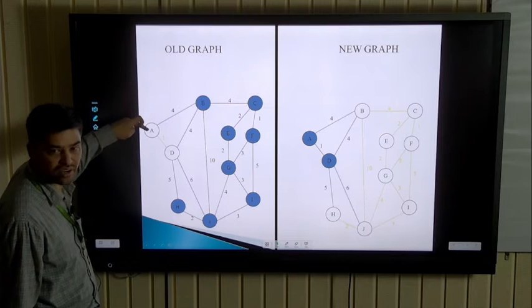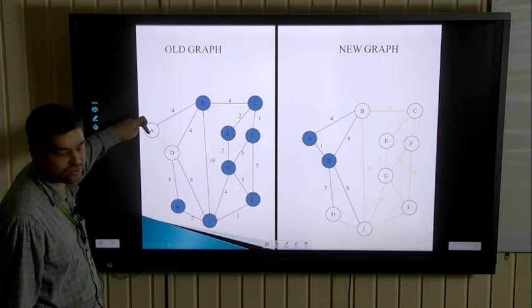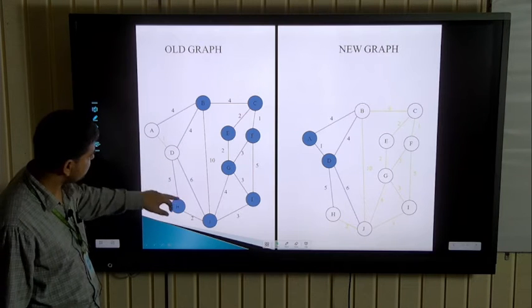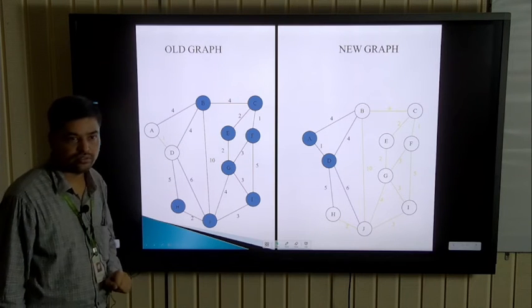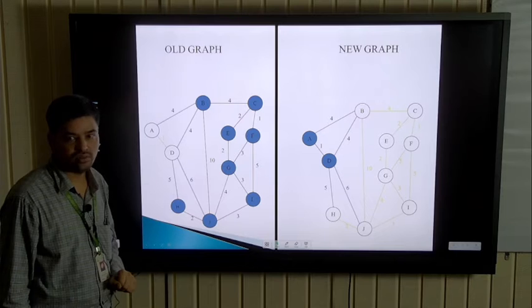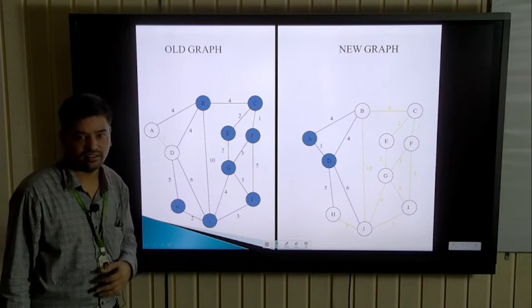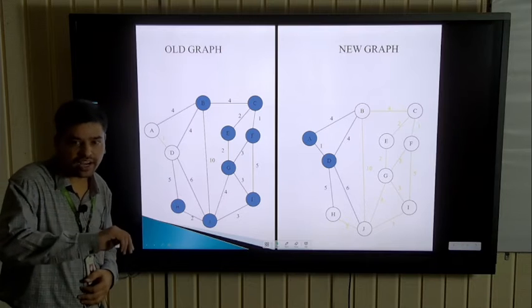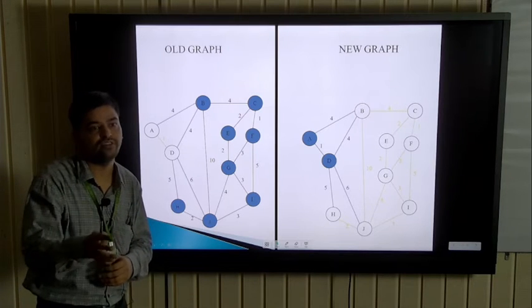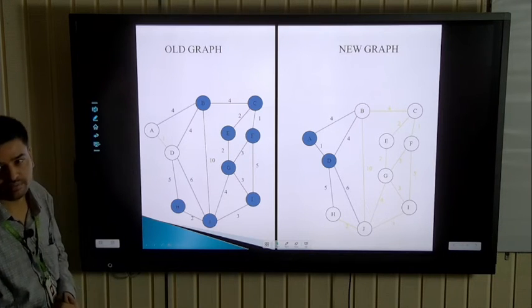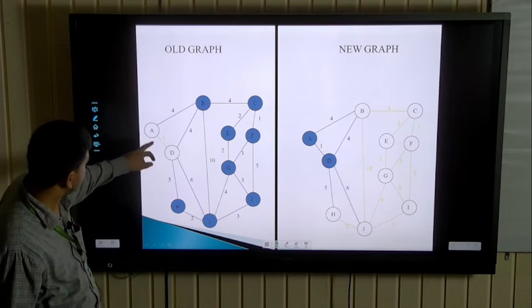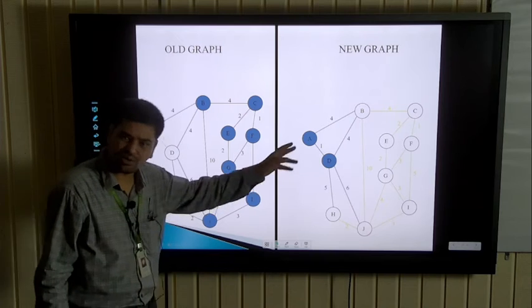B is also adjacent to A. B to D is 4, H to D is 5, J to D. How many edges are connected to A and D? 5. You select the minimum edge out of these. Which is minimum? A to D, which is 1. Now you have selected this edge.